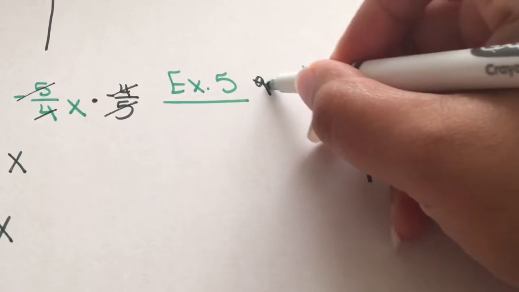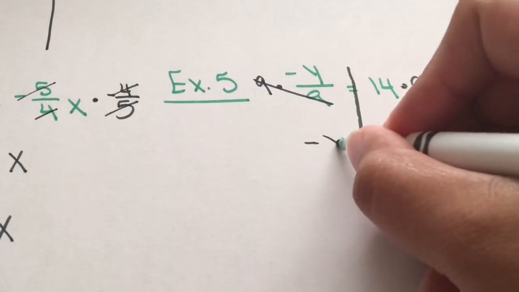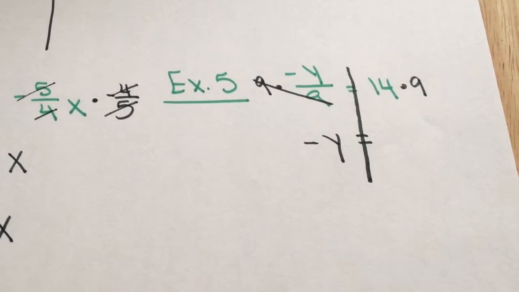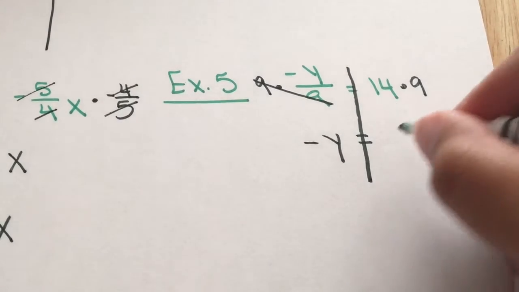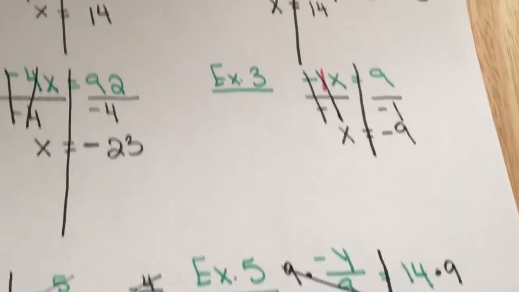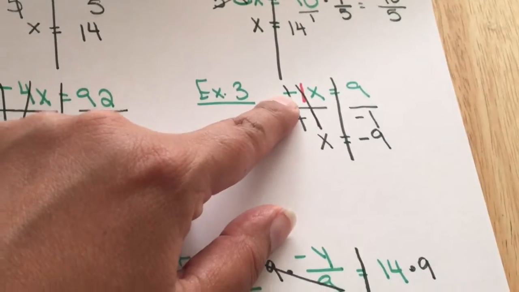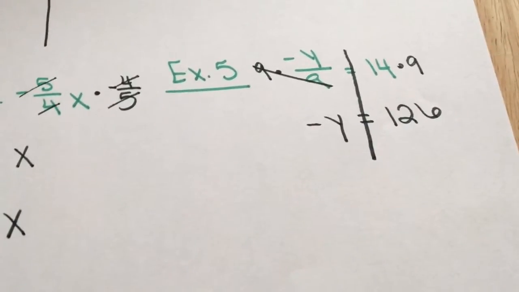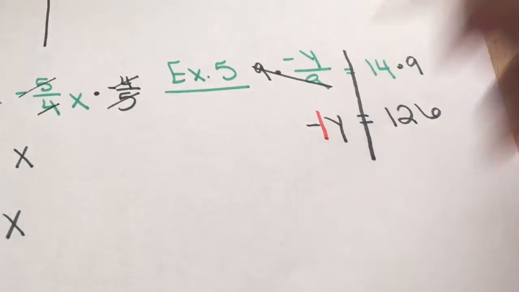That's going to get rid of the 9's on the left side, and we're left with -y equal to 14 times 9, which we know is 126. And we're almost done because now this looks very similar to example 3 right above it. Remember when we had that -1x? Well, first of all, we have to put that invisible coefficient of 1 here.